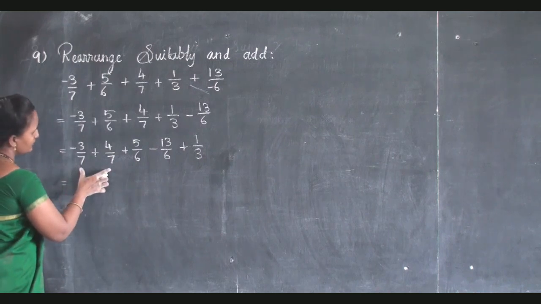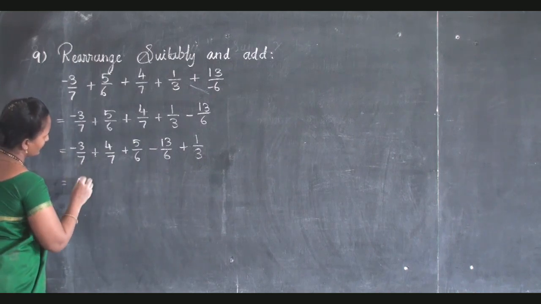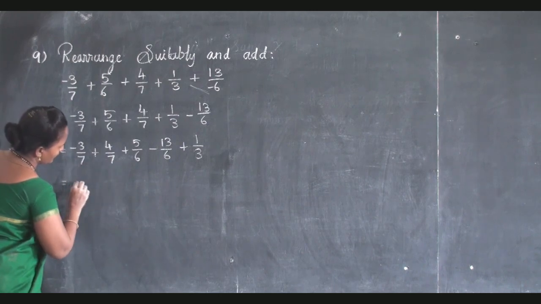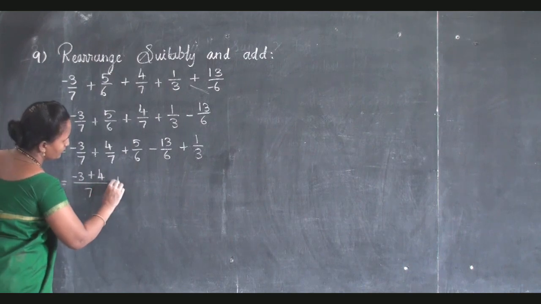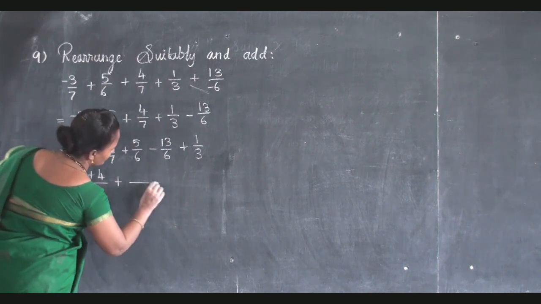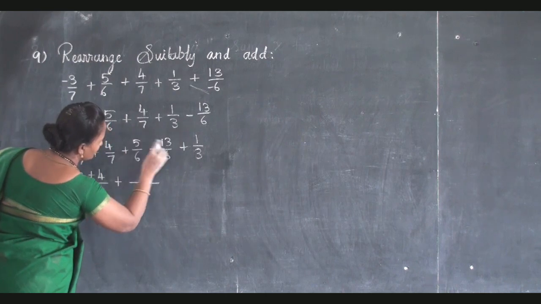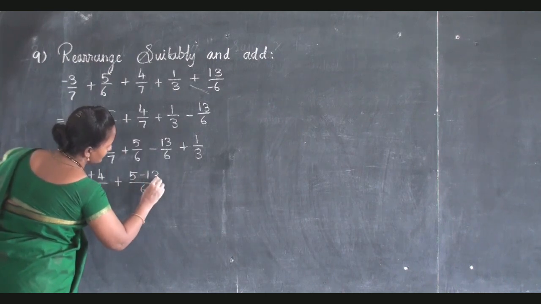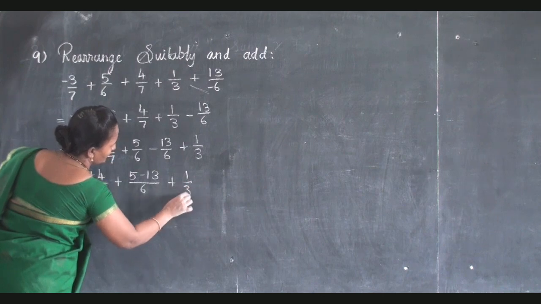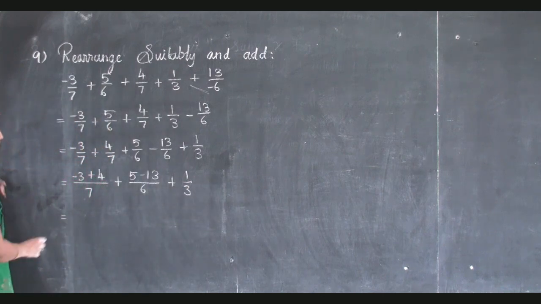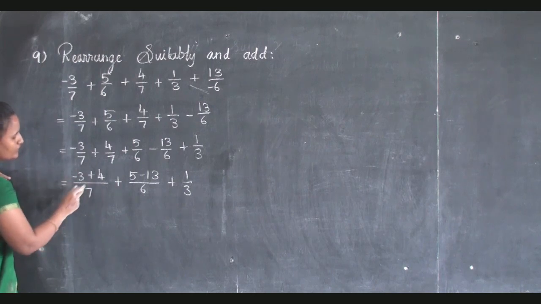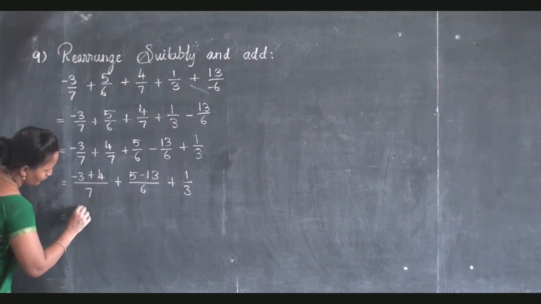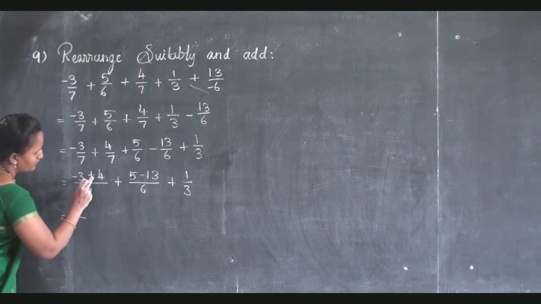Now solve them one by one. Here same denominators put in common: minus 3 plus 4, plus, here also 6 is common, 5 minus 13, plus 1 by 3. Now solve this one: minus 3 plus 4, different sign, so we have to subtract. How much? 1. Plus or minus, which one is greater here?